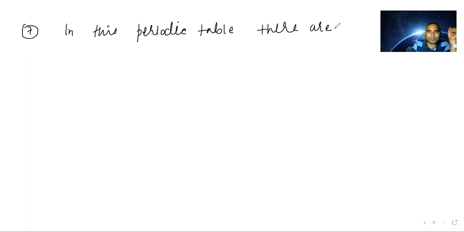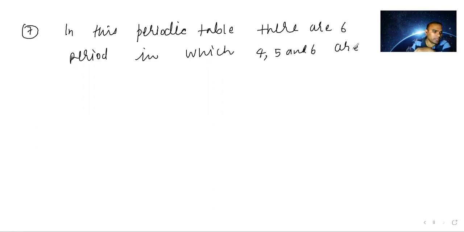Now let us go to point number 7. In this periodic table, there are 7 periods. Some books say 6, but in some books it is 7.